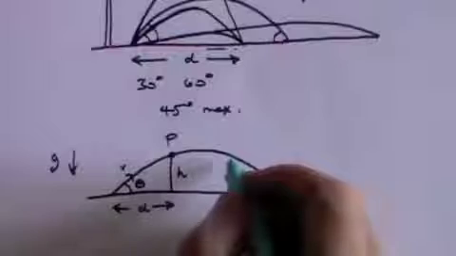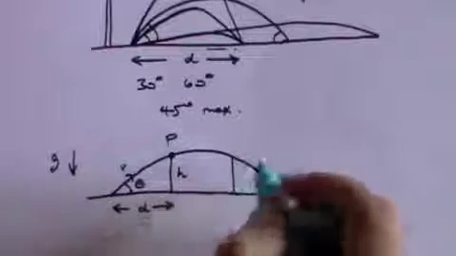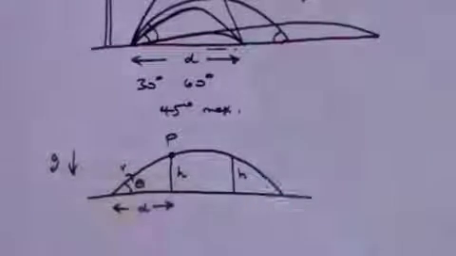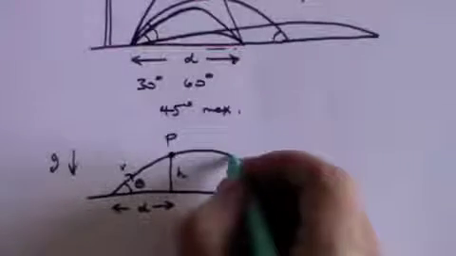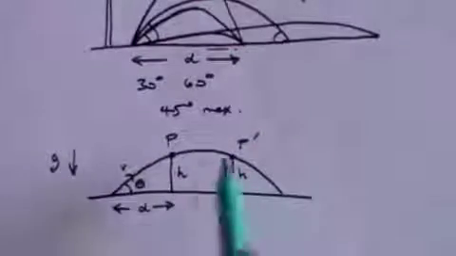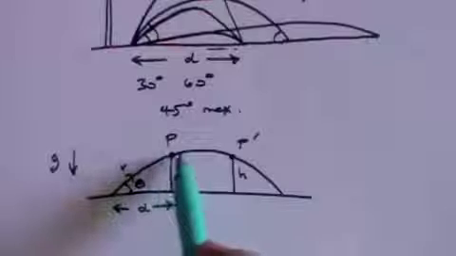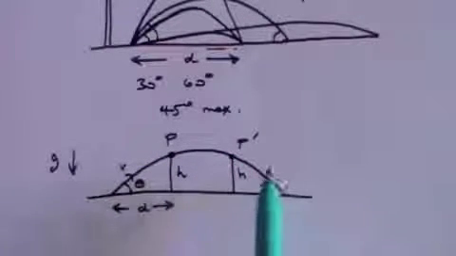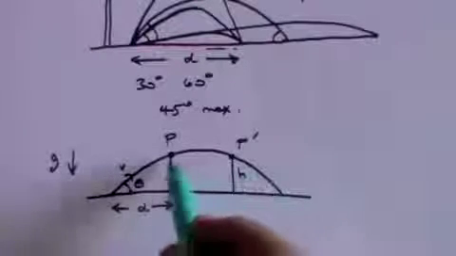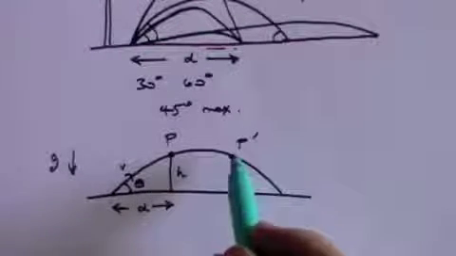It's worth just noticing before we go on that we're going to get two answers to this question because there's another point at which the height above the ground is h, and that is at point P prime. You can see that the ball is going up, it gets to its maximum height, and then it comes back down again. So any height will be mirrored, as it were, on the other side of the trajectory.